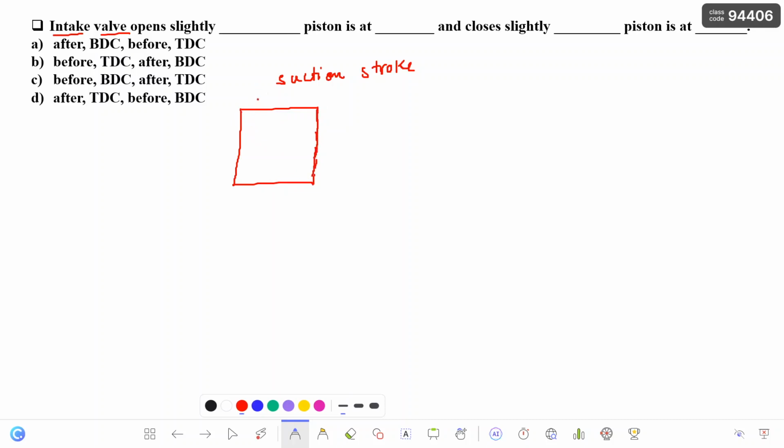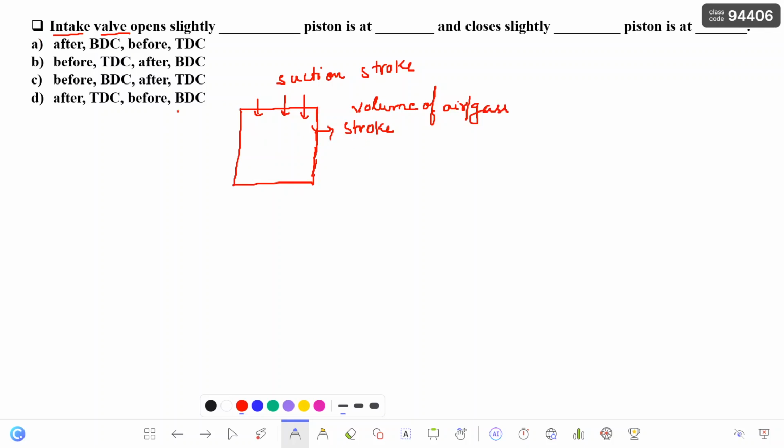And how will that be possible? If we somehow increase the volume of air, or of the gas mixture, taken in one stroke, then we can increase the amount.